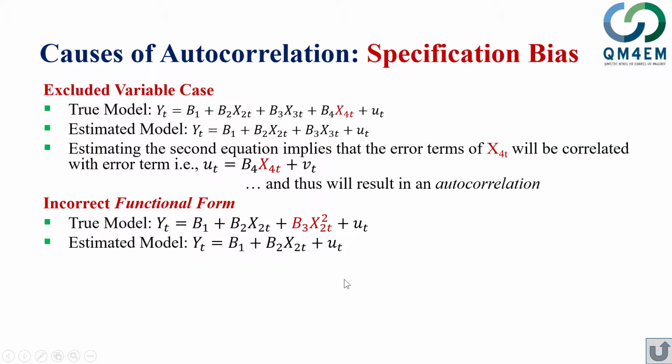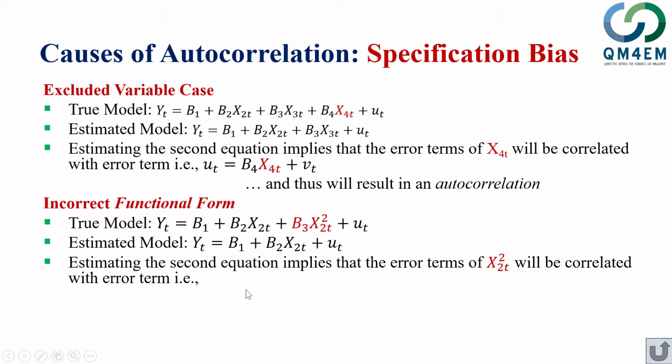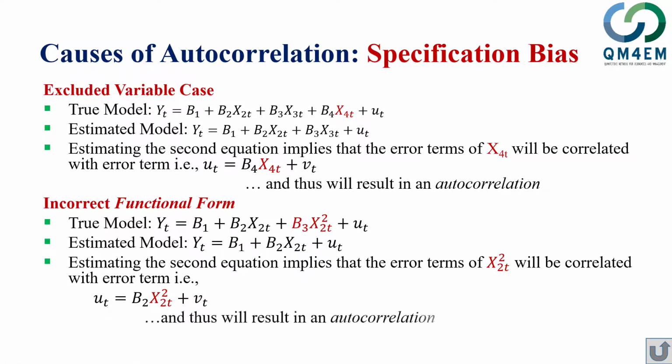So as a result, we get the error term being correlated with the x2 square term. And since x2 is a time series variable and its successive values are linked with one another, we would be facing a problem of the error term being correlated with its previous values as well. So this will also result in autocorrelation.